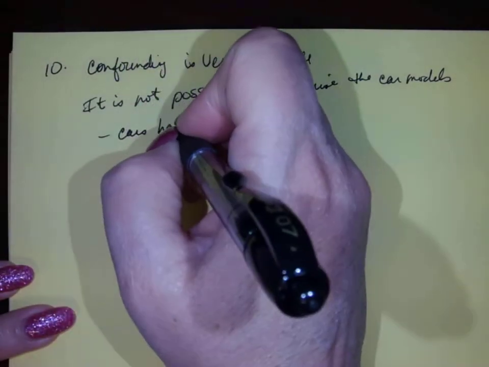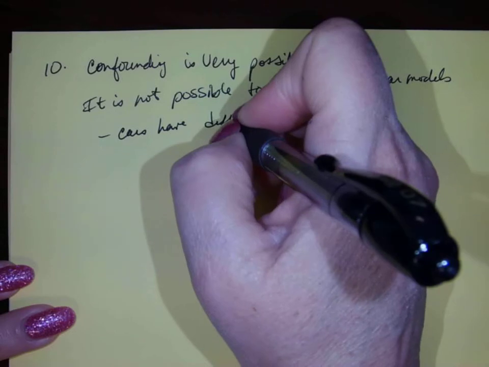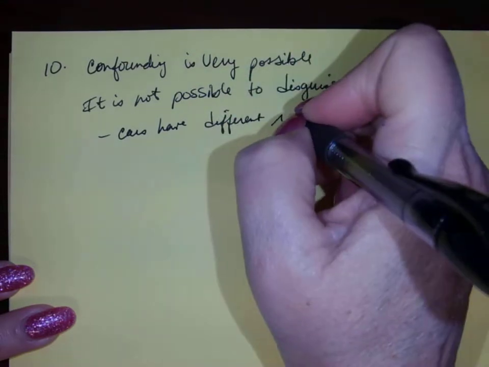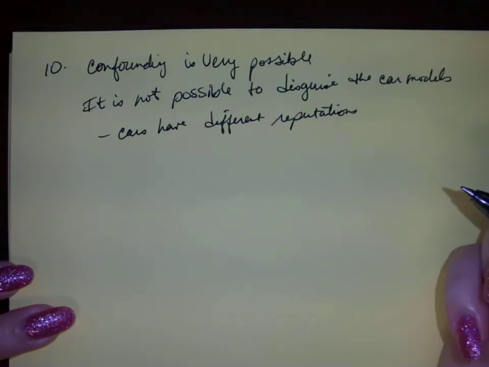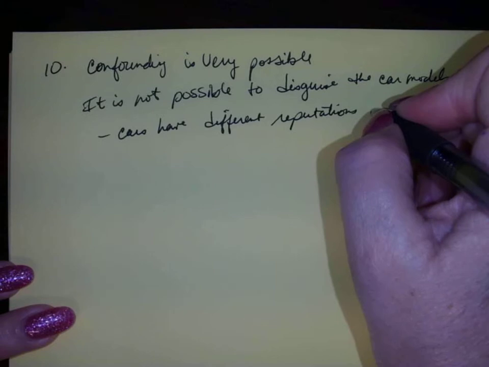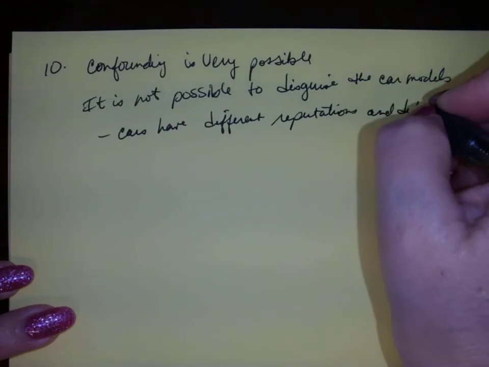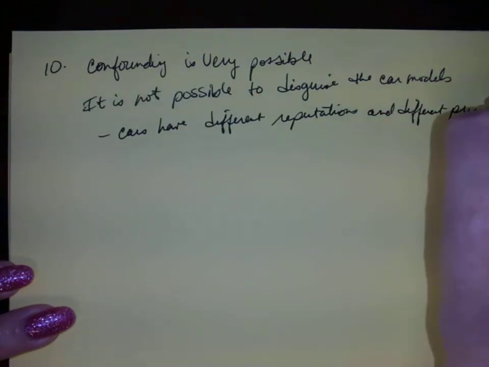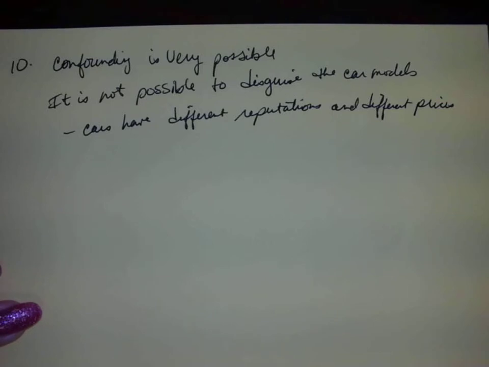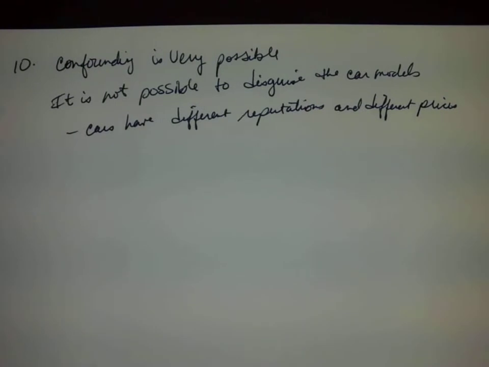The cars have different reputations and different prices, because he may know, hey, this is a more expensive car. It's got to be better, right? So that's where you're going to have that influence. And those could affect the evaluations made by the driver. Alrighty?